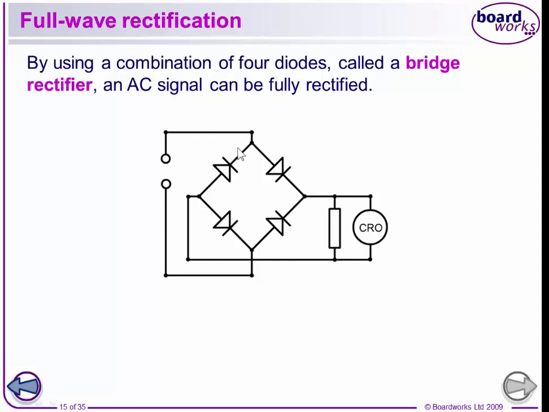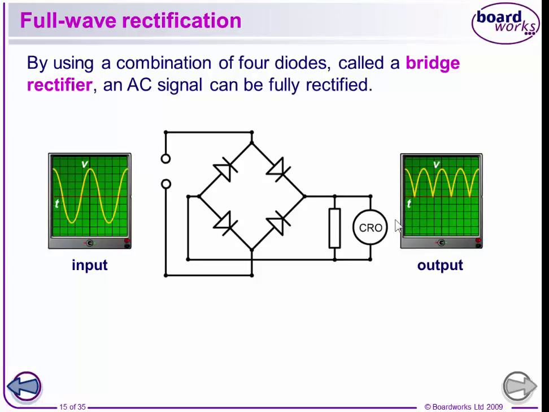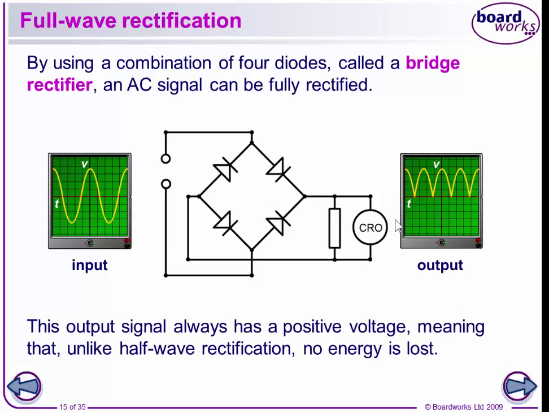We have the circuit going to this system of diodes. The load is between the first and the last diode there, and that's connected to a CRO. So this is the input signal, a fully rectified signal here. The output signal always has a positive voltage, meaning that unlike half rectified signal, no energy is lost.